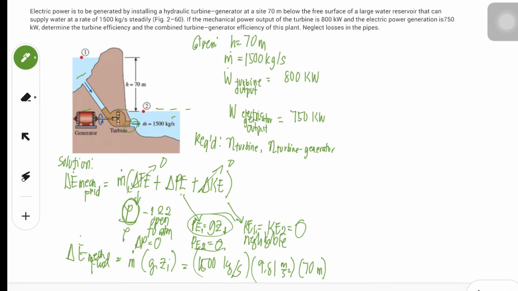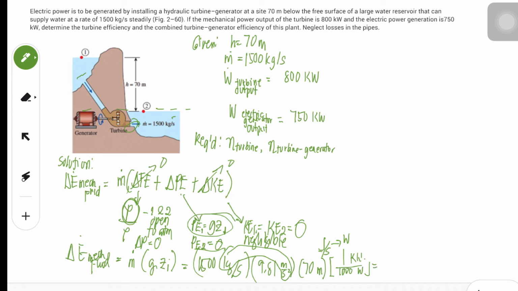So automatically we need to compute for this. Kilogram meter per second squared times meter per second is Newton meter per second, so that is just joule per second. So we convert into watt. So 1 kilowatt is 1000 watts.